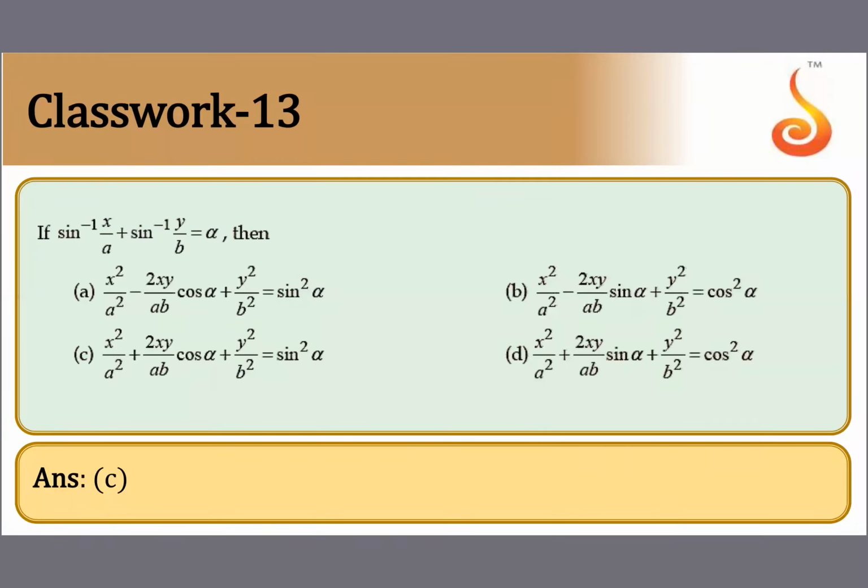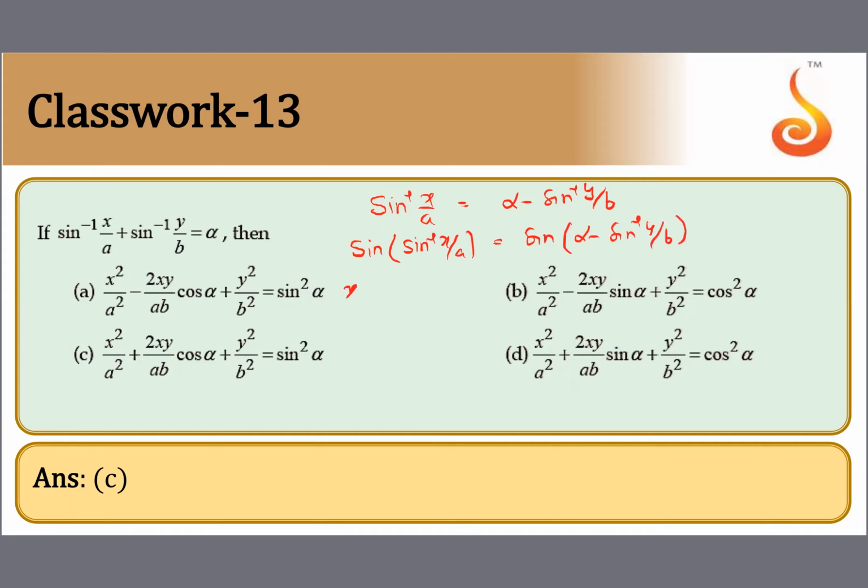If you see this question, this can be written as, write the formula. The simple way is: sin inverse x by a equals alpha minus sin inverse y by b. Take sine on both sides: sine of sin inverse x by a equals sine of alpha minus sin inverse y by b.